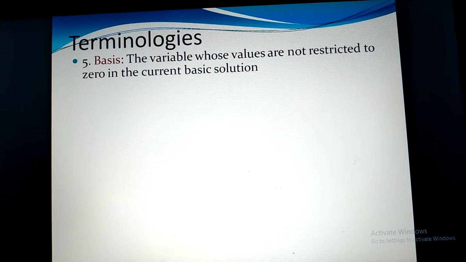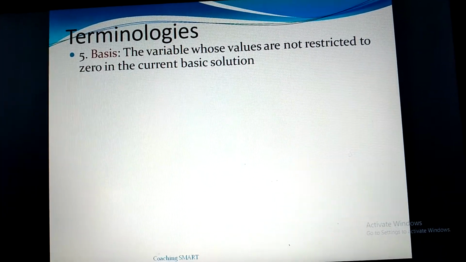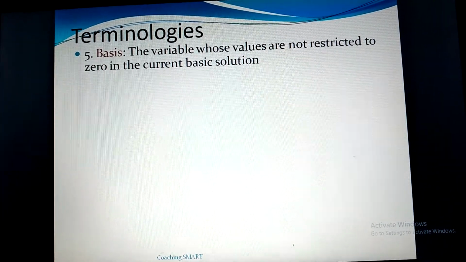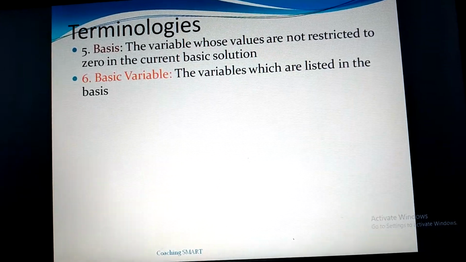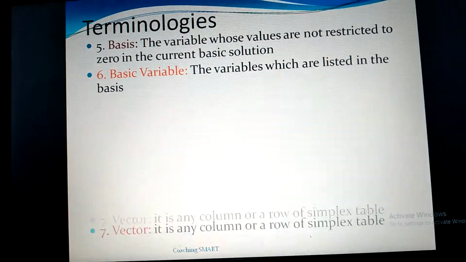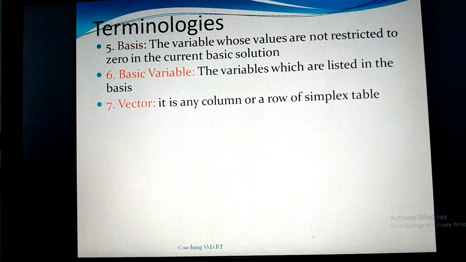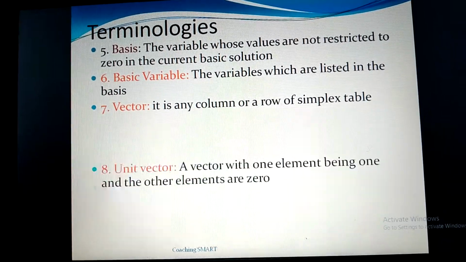Basis. The variables whose values are not restricted to 0 in the current basic solution. Basic variables, the variables which are listed in the basis vector. A vector is any column or a row of the simplex table.